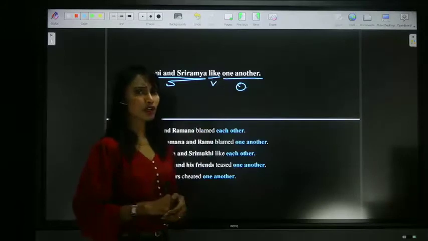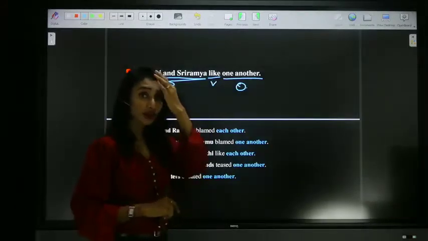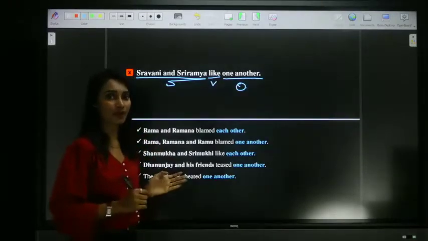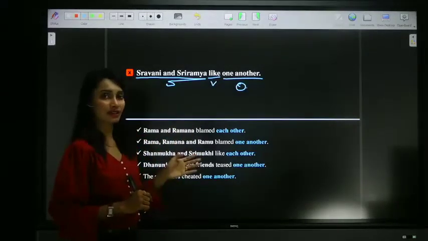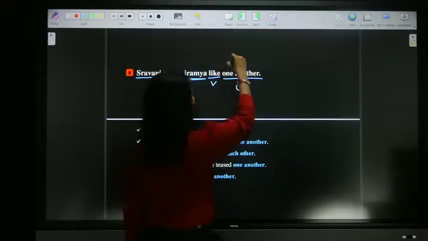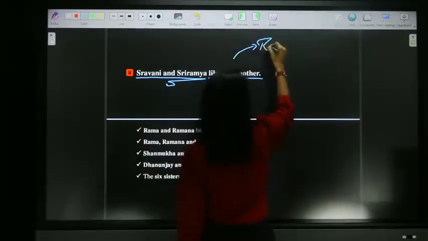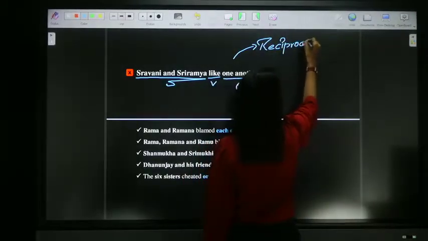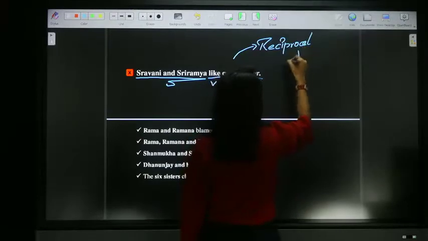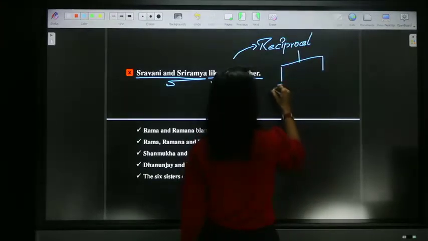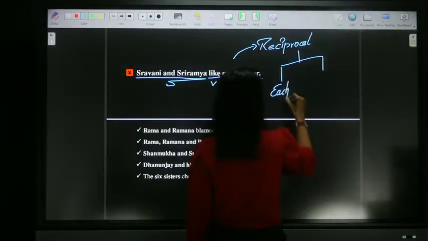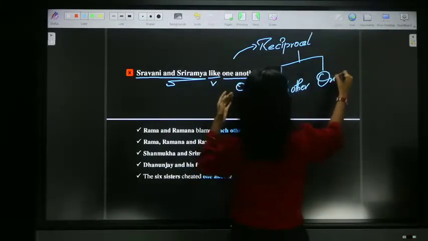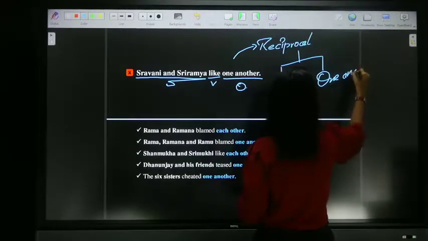What kind of pronoun is this, one another? We have discussed kinds of pronouns. So what kind of pronoun is it? It comes under reciprocal pronouns. We have only two reciprocal pronouns, if you remember. One is each other, the other one is one another.